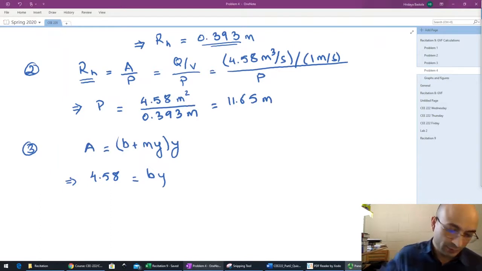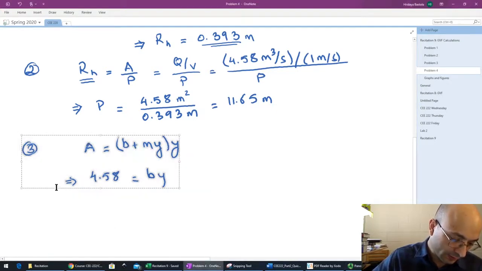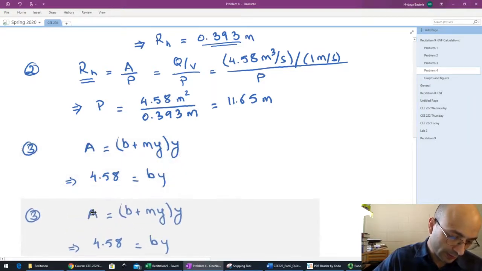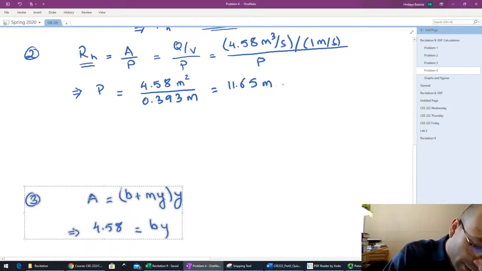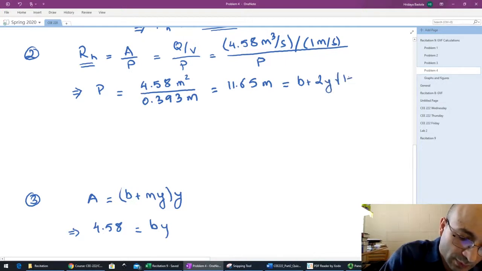Before we get into part 3, let's expand the wetted perimeter in terms of channel width and depth. So P then can be expressed here as B plus 2 times y times square root of 1 plus m squared.